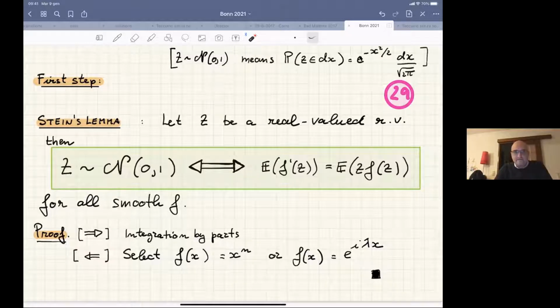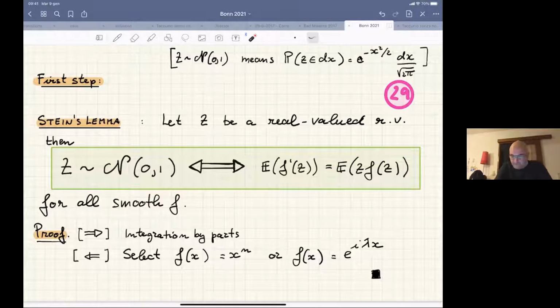It is a very easy lemma that you can prove in a few lines, and it's called Stein's lemma. Stein's lemma tells you the following. If you have a real valued random variable Z, then Z is distributed according to the N(0,1) law if and only if for every smooth function f, the expectation of f prime of Z is equal to the expectation of Z f of Z.